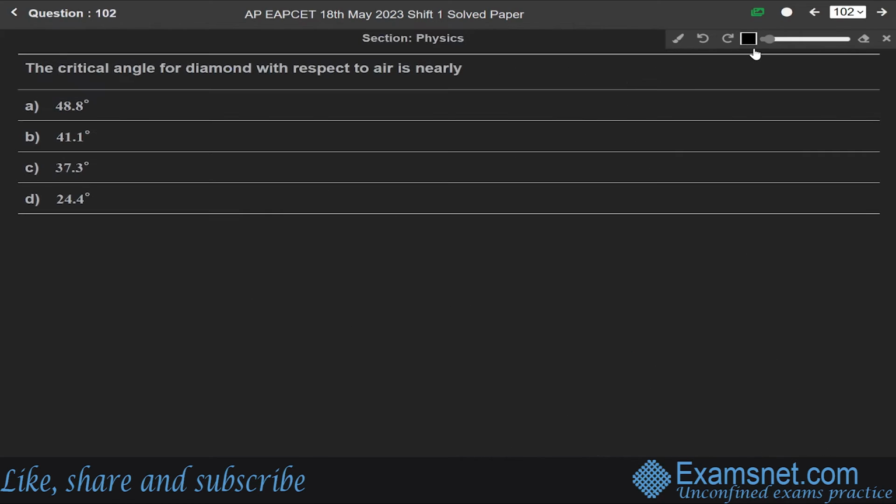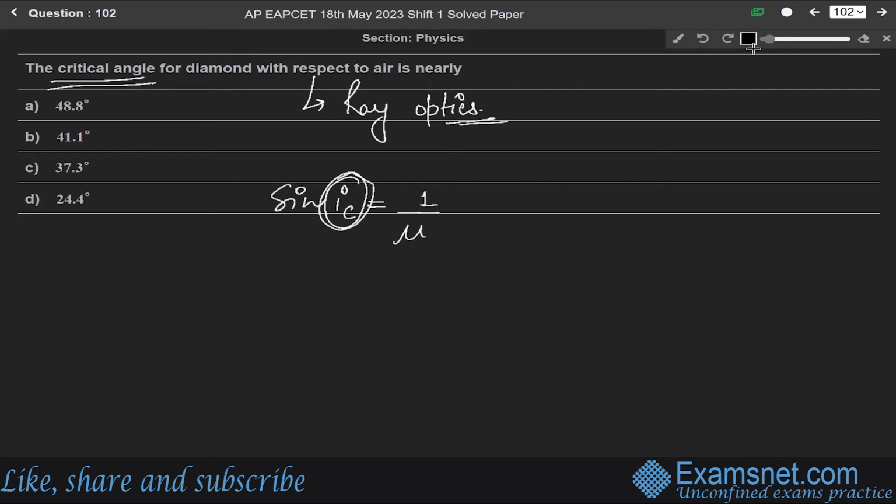Now next question 102. The critical angle for diamond with respect to air is nearly. So this question is from the chapter of ray optics first of all. Now we have to find the critical angle for the diamond. We know that the critical angle is found from the formula sine IC equals 1 over mu, where mu is the refractive index and IC is the critical angle.